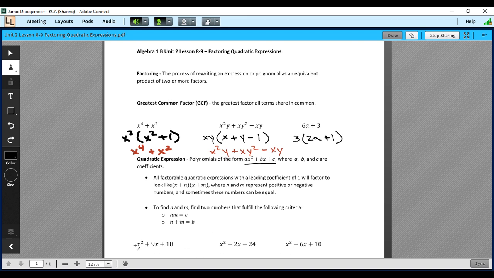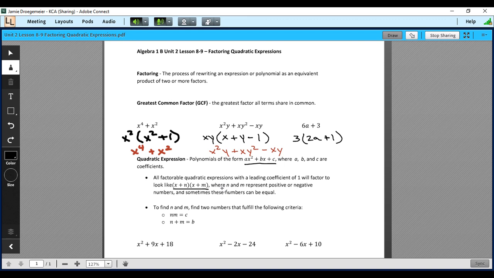If that coefficient is 1, which in these examples I have here is the case, then it's going to factor into this form of two binomials that looks like this, (x plus n) times (x plus m). And n and m are going to represent constants, positive or negative numbers.